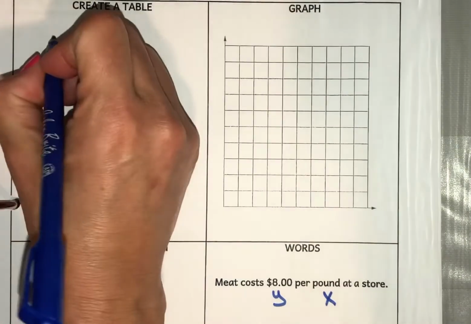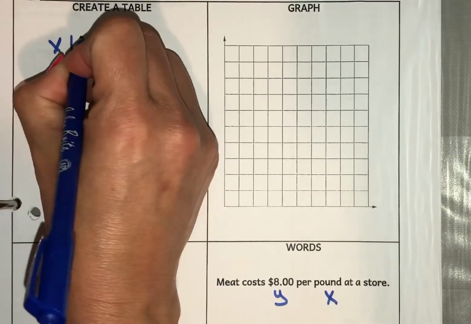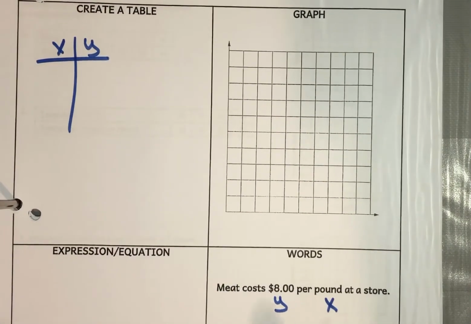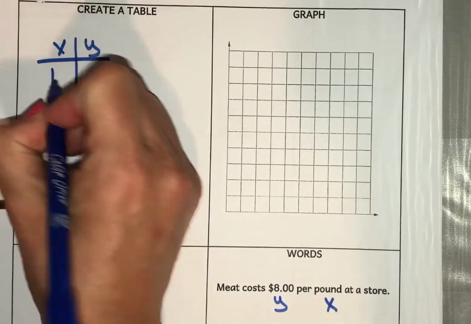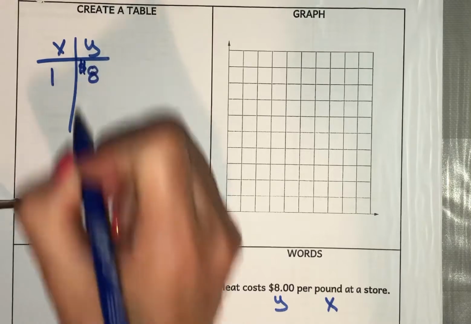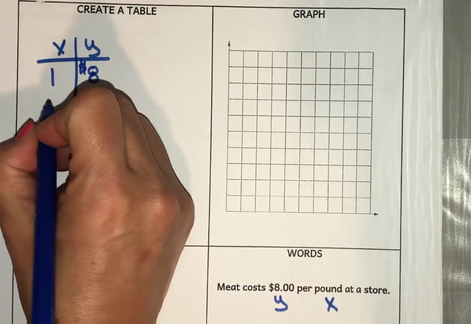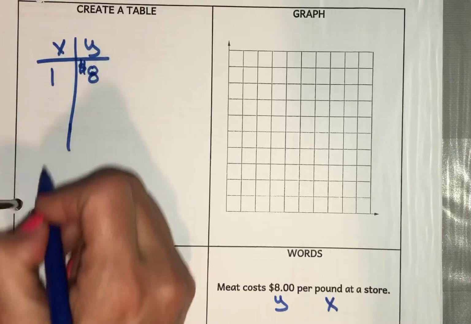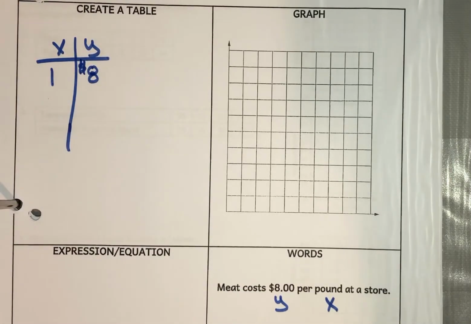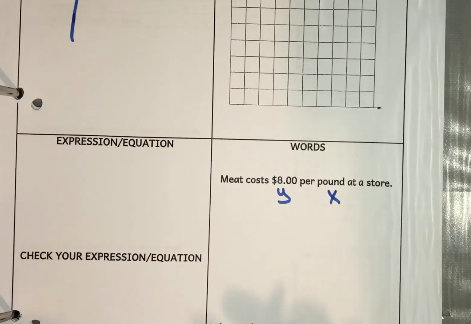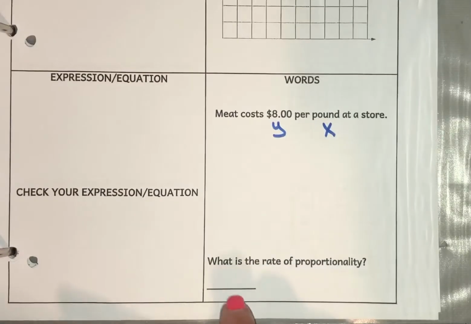So create a table, X, Y. So per pound, 1 pound is going to be $8. And you guys can do another 2 or 3 points for X and then find your Y values. Graph it, give me your equation, and then your rate.